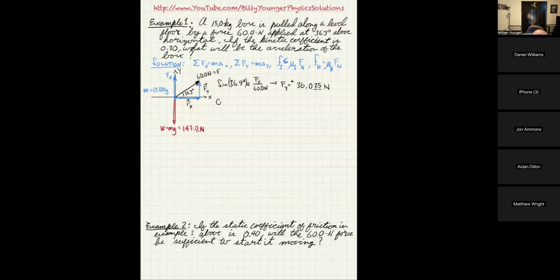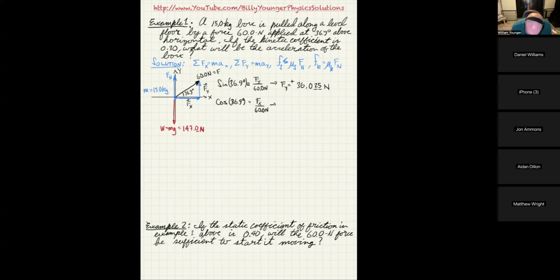And now I can write out cosine of 36.9 degrees, and that is adjacent over hypotenuse, so that's F sub x over 60.0 newtons.